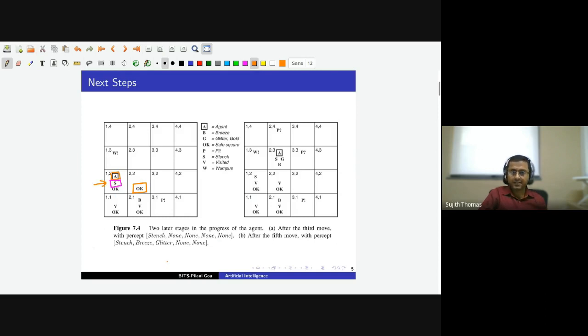Second thing it can infer is there must be a pit in 3, 1. Earlier, all that it could infer was there must be a pit in either 3, 1 or 2, 2. But now with some additional information, it knows that there is no pit in 2, 2. And therefore, there must be a pit in 3, 1. I hope I'm making sense.